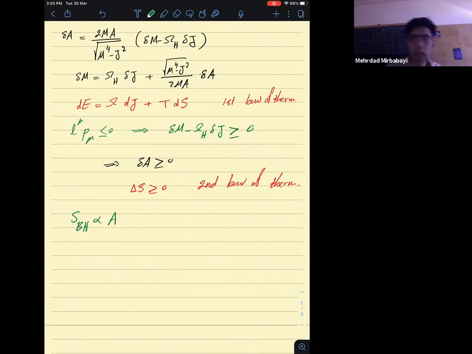These formulas don't tell us what this proportionality constant is, or what the temperature is. Whatever it is, the combination of those two should be such that this term becomes T times dS. But you can multiply one of them with some constant and divide the other by the same constant, so from here we cannot determine it.